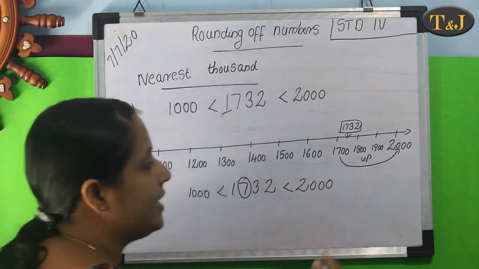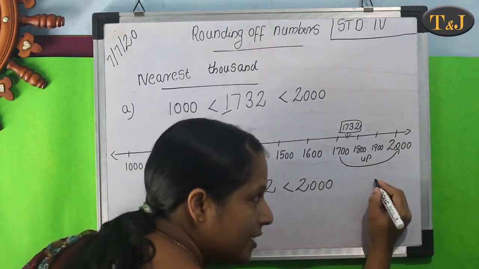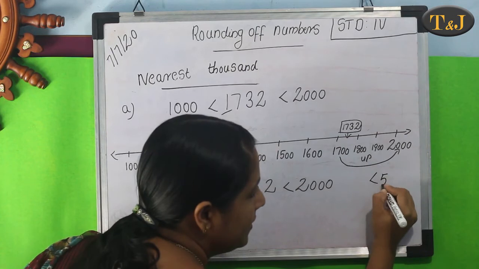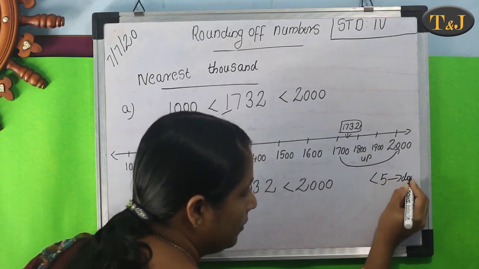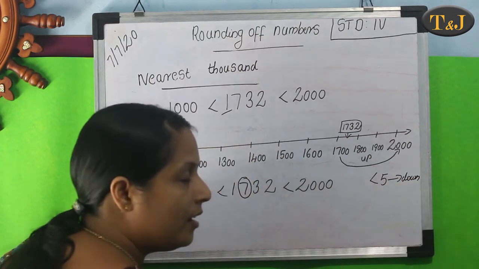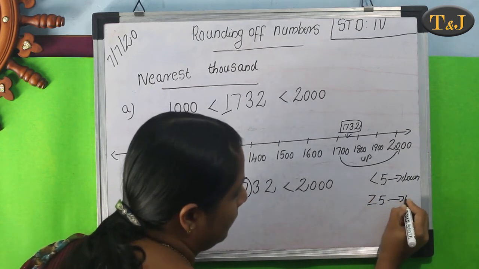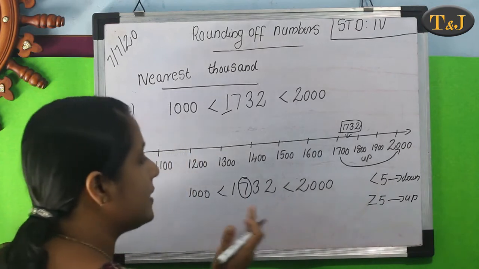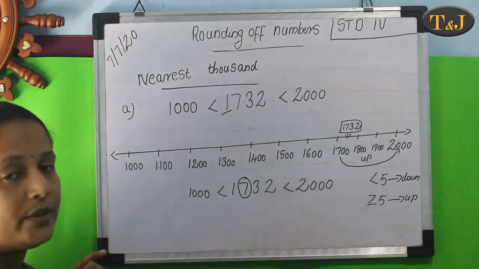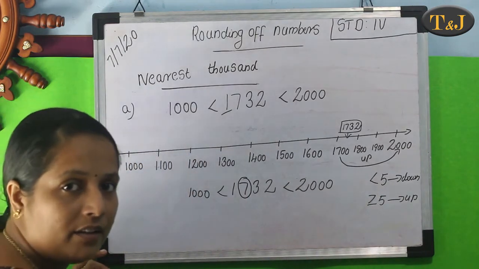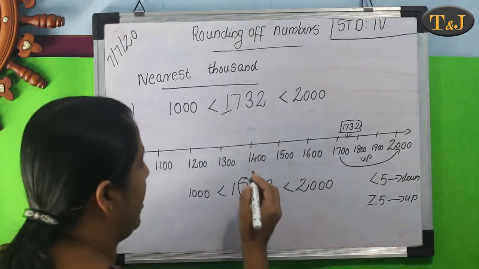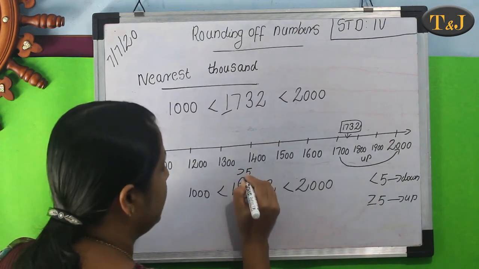Our condition is that less than 5, it is rounded down. Greater than or equal to 5, it is rounded up. So here our 100's place value is 7. Is it less than 5 or greater than 5? Yes, it is greater than 5. So we write greater than 5.